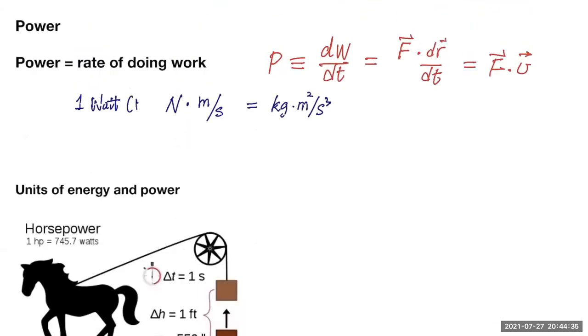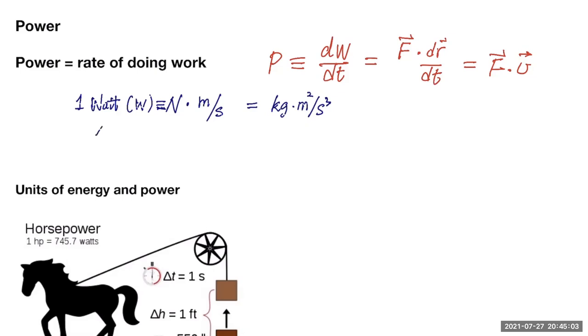Why do we use this name Watt? It is named after James Watt, the inventor of the steam engine, which of course delivered a lot of power at that time. So it makes sense, okay? You probably also know by now that the unit of energy, such as kinetic energy, which is Newton times meter, also has a different name associated with that. That's joule, okay?